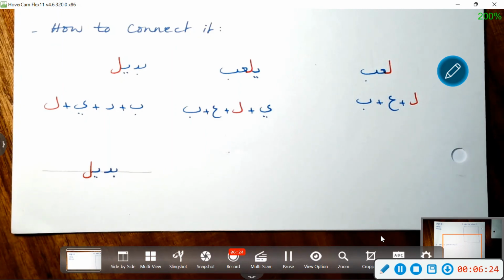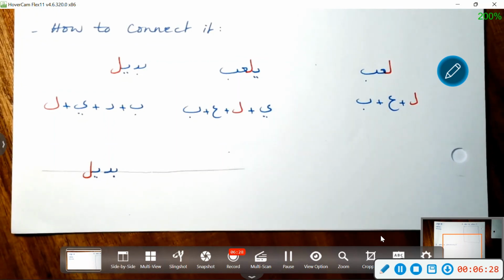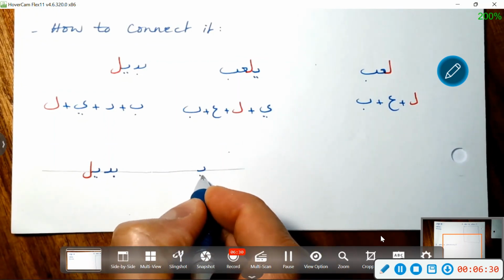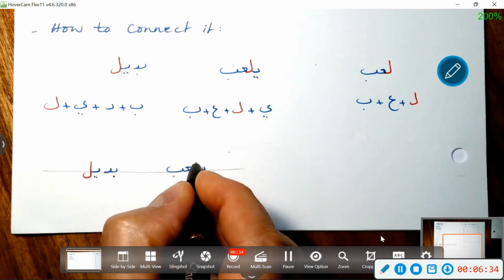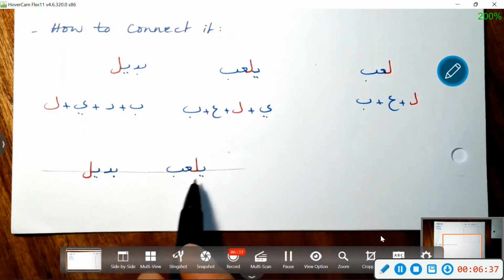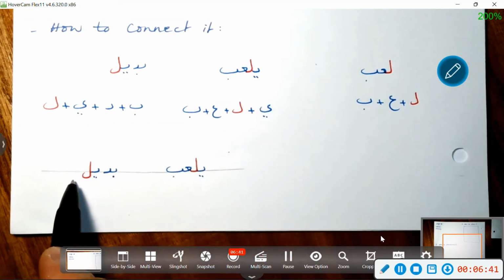While in the case of يلعب, we see ya over the line, lam over the line, ain over the line, and ba over the line. So lam is always drawn over the line unless it's the last letter. It goes a little bit to the bottom.